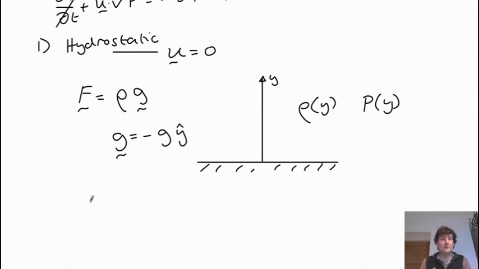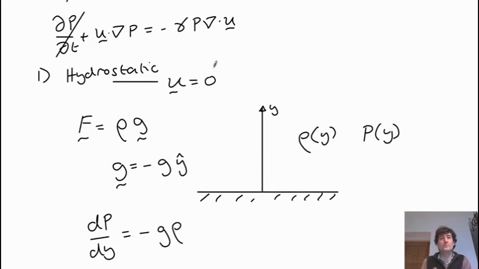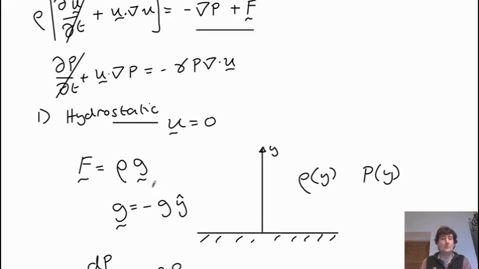So this whole equation becomes dp by dy, because p now only depends on y, and this whole thing is just minus g times rho, which has come from g rho here. So this g just becomes g, this rho here, then we substitute this into this equation, and this is just a gradient and a vector in the y direction.